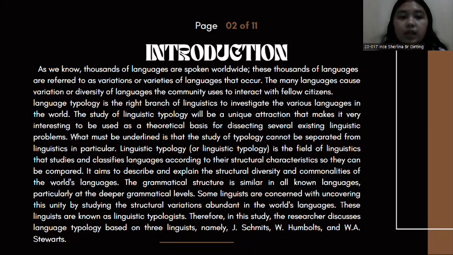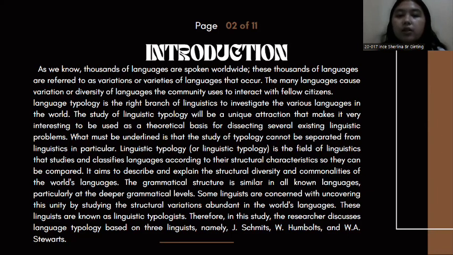Linguistic typology is the field of linguistics that studies and classifies languages according to their structural characteristics so they can be compared. It aims to describe and explain the structural diversity and commonalities of the world's languages. The grammatical structure is similar in all known languages, particularly at the deeper grammatical levels.